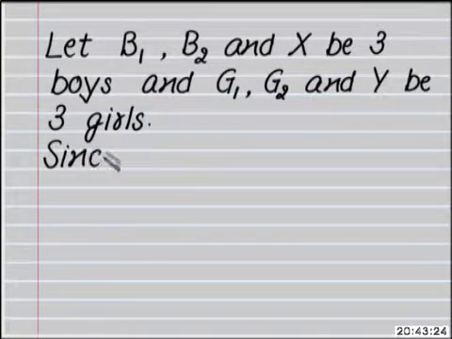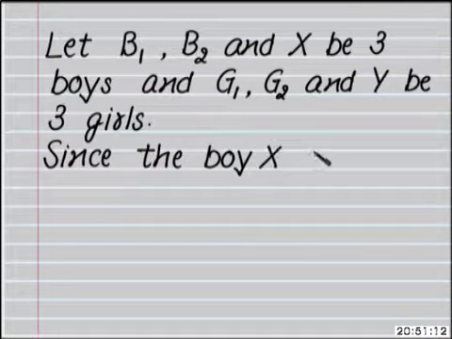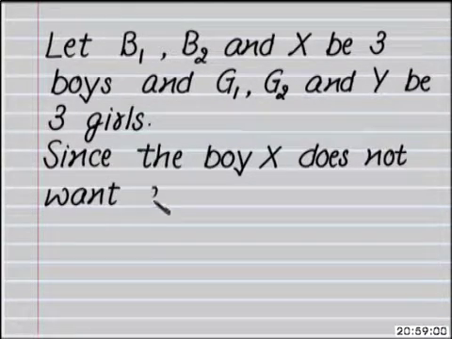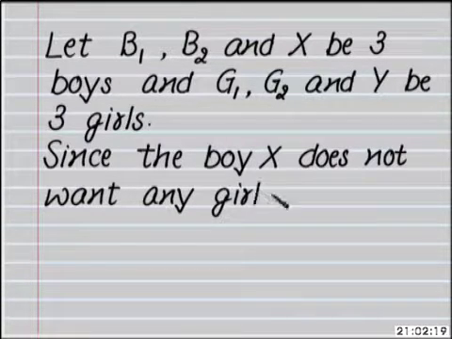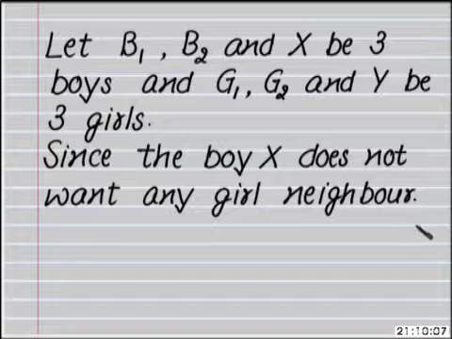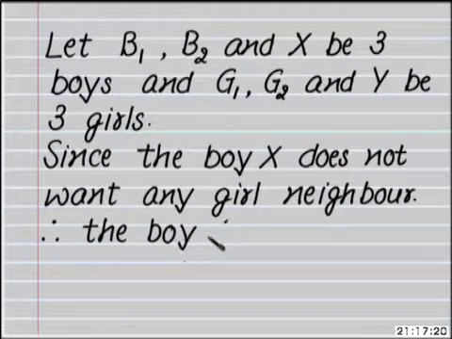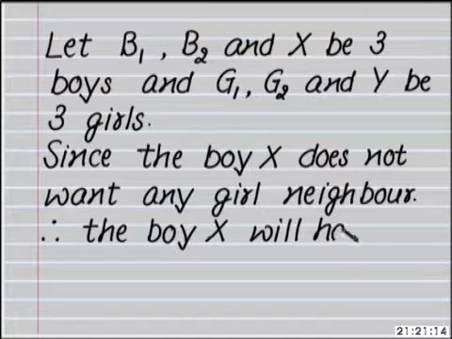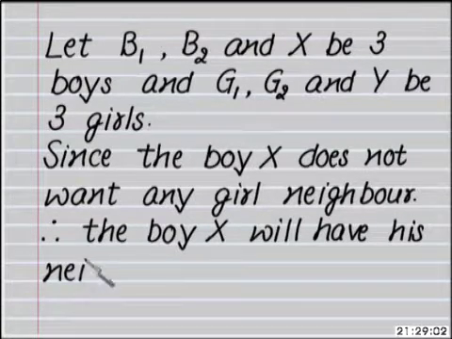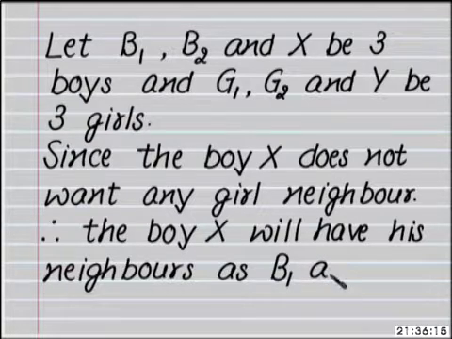Since the boy X does not want any girl neighbor, therefore the boy X will have his neighbors as boy B1 and boy B2.